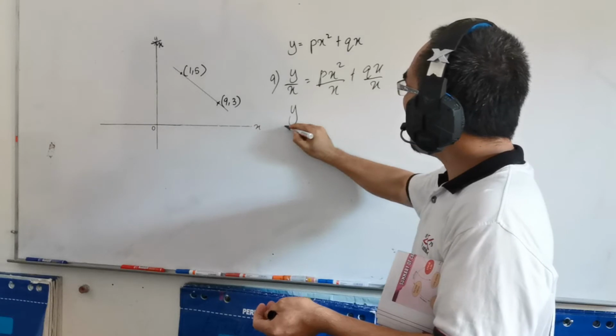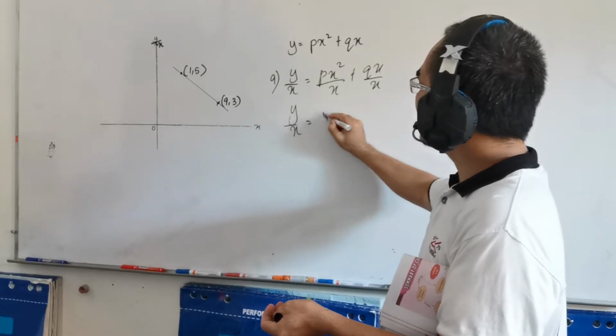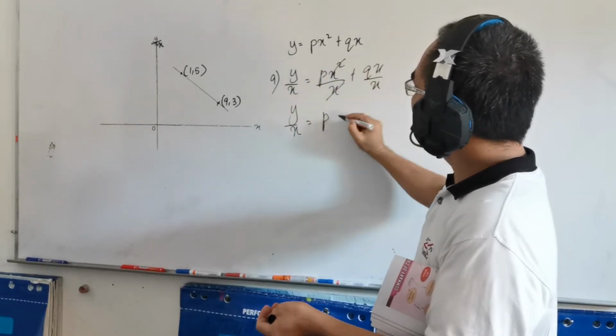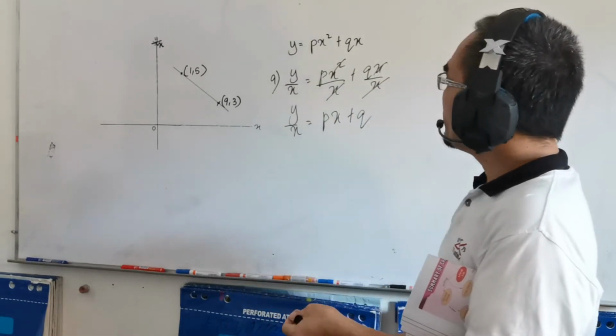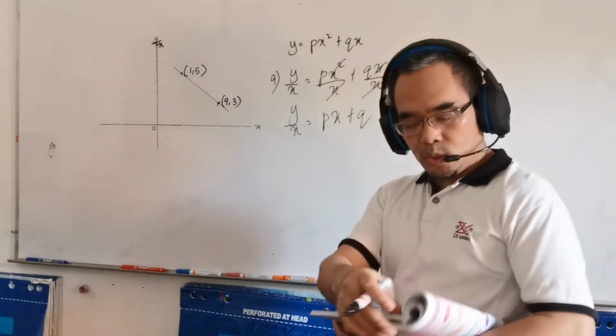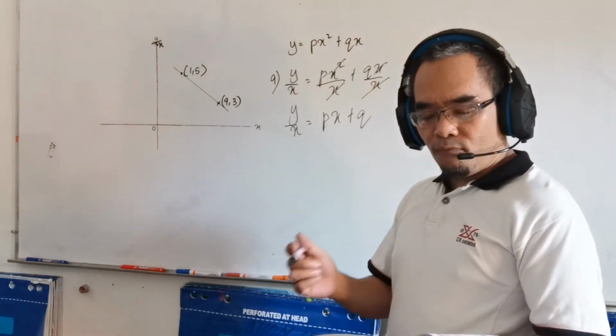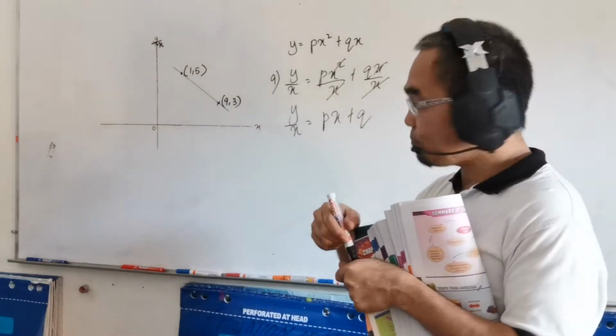So y over x equals px plus q. So that is the answer to the question.